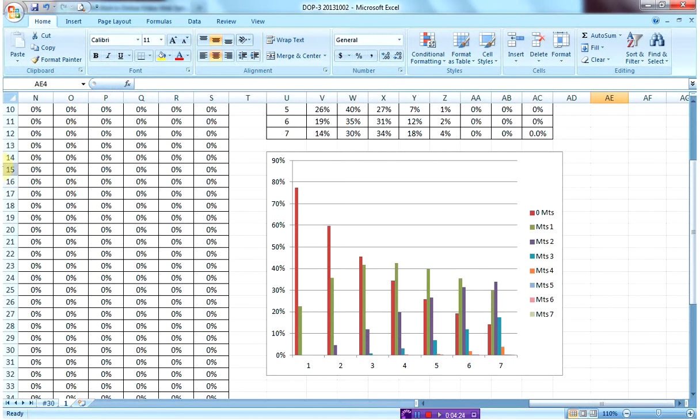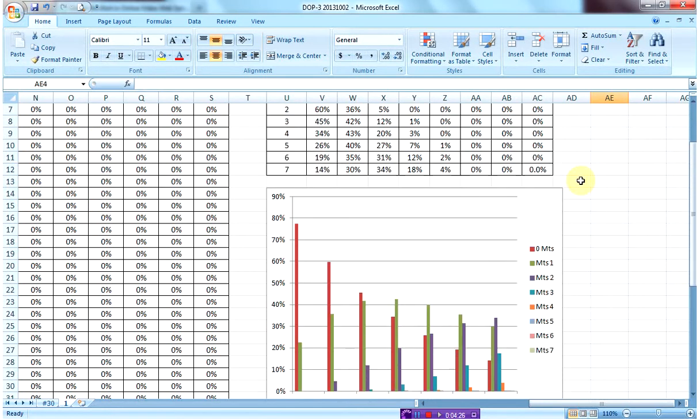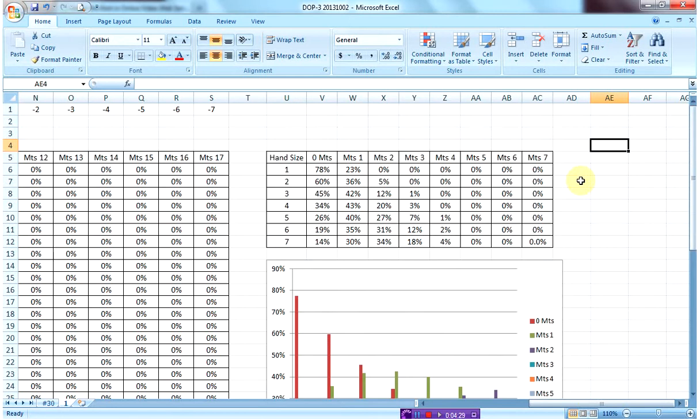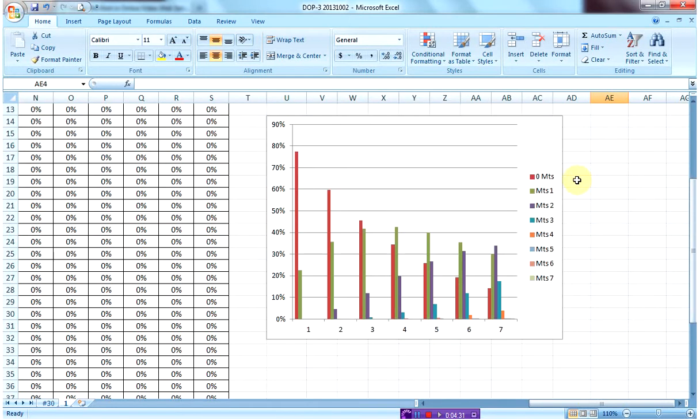Same exercise with the 17 lands. We could look at our distribution for 9 mountains in a 40 card limited deck. How many are we likely to get in our opening hand? And we see, still with a 7 card opening hand, we've got a good chance of getting 2 mountains is the mode there, with 1 slightly behind, 3 less likely.